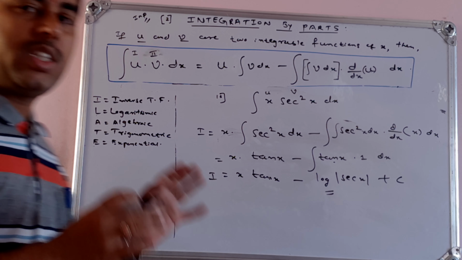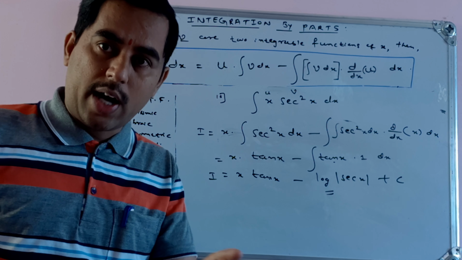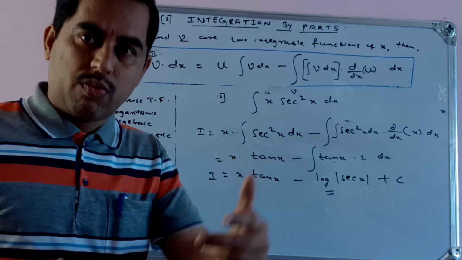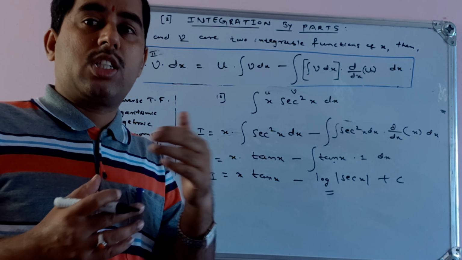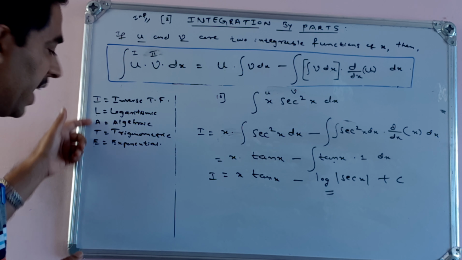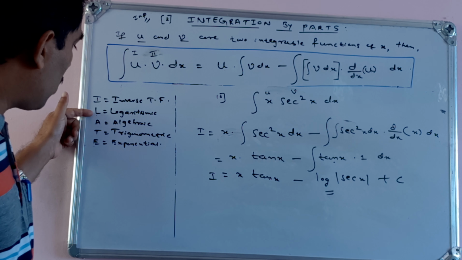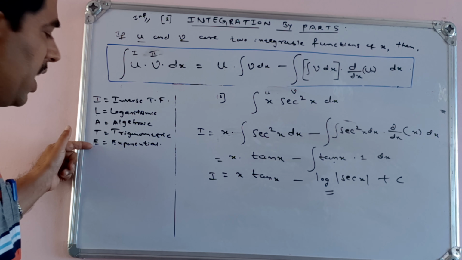Okay, so in this session we have discussed another technique of integration, which is called integration by parts. What it says is, if you want to integrate the product of two functions like u into v, then you select the first function according to this preference. So you give first preference to inverse trigonometric functions, afterwards logarithmic functions, afterwards algebraic functions, afterwards trigonometric functions and exponential functions.